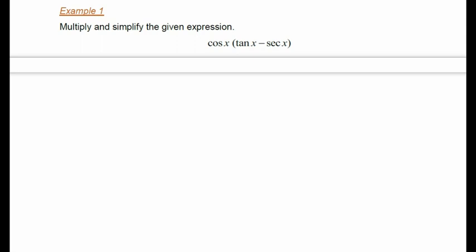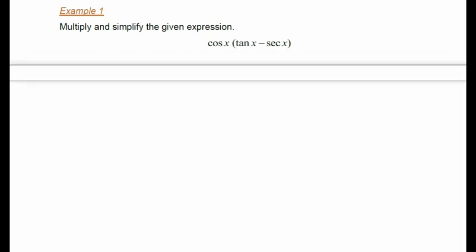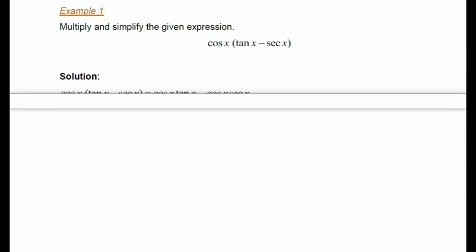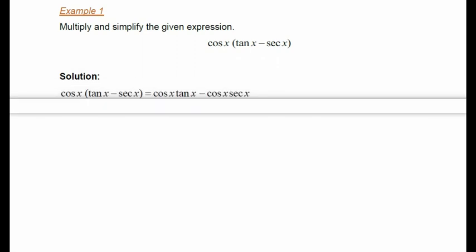We have cos x in bracket tangent x minus secant x. By looking at the identities, we can expand the equation. First, cos x multiplied with tangent x minus secant x, we just multiply in the bracket. So we get cos x tangent x minus cos x secant x.